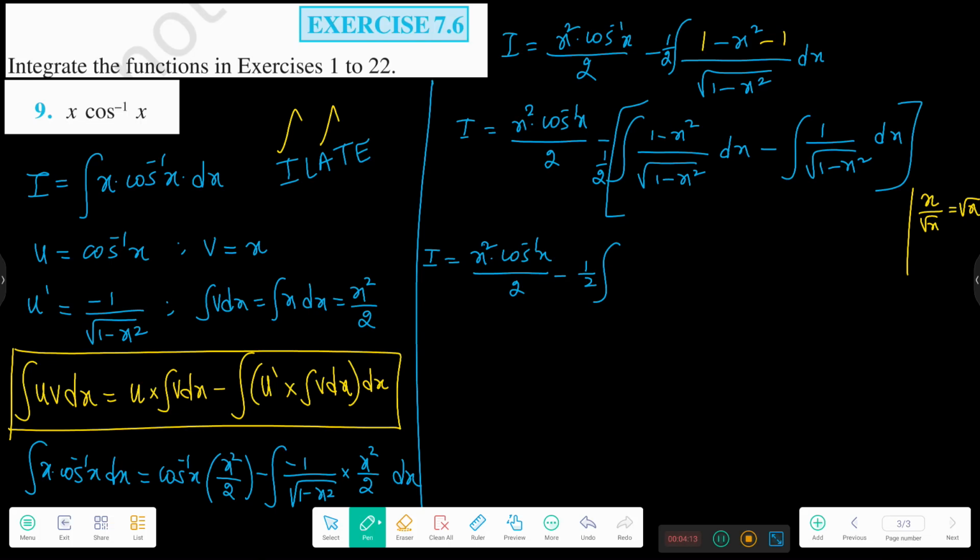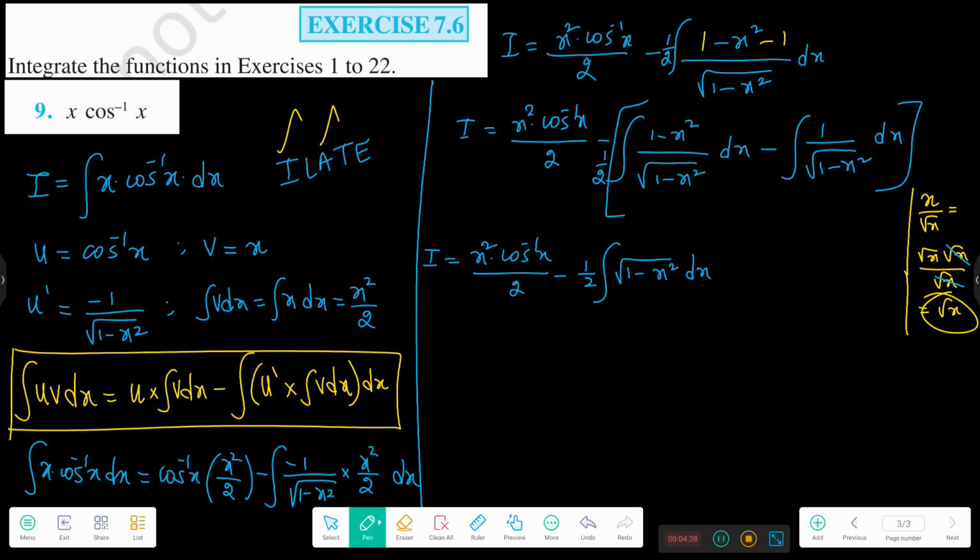How can we write this? Because that x you can write as root x into root x. Denominator root x is there. When you cancel numerator and denominator, what I am getting is root x. So this is fully x and this is root x. When you simplify, you will get square root of 1 minus x square into dx.